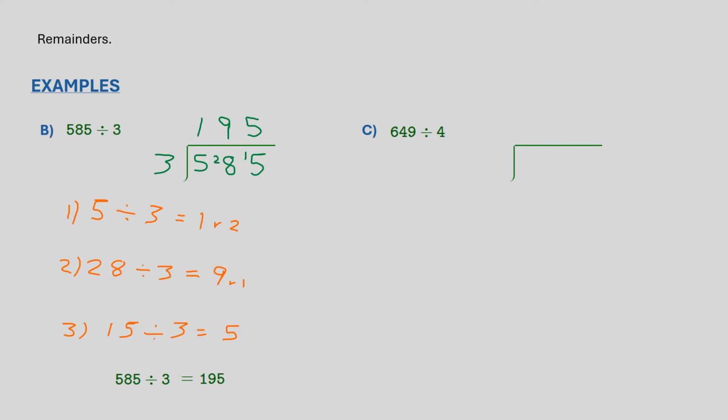Now we can look at 649 divided by 4. We'll go through the usual short division steps and see what result we get.